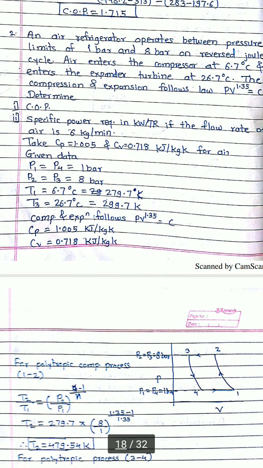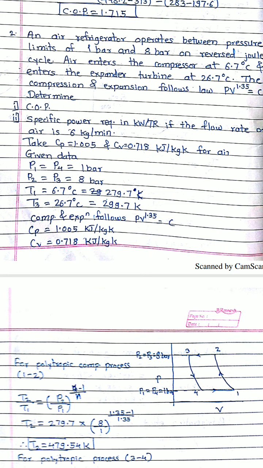So P1 is equal to P4 is equal to 1 bar, P2 is equal to P3 is equal to 8 bar. Now air enters the compressor. What is the entry point of the compressor? Point number 1. So T1 is given as 6.7 degrees Celsius. So we will convert into Kelvin. 6.7 plus 273 is equal to 279.7 Kelvin.